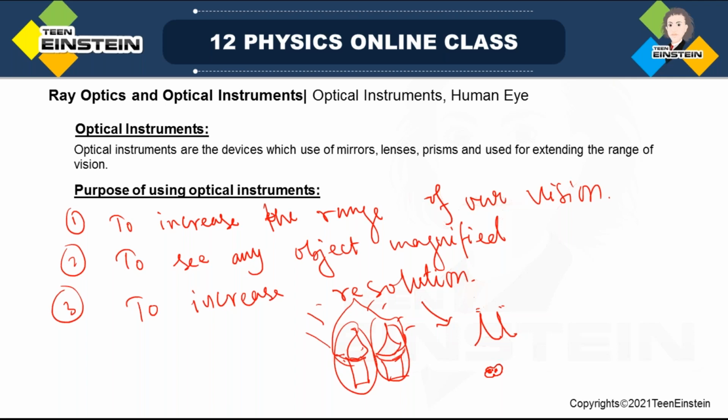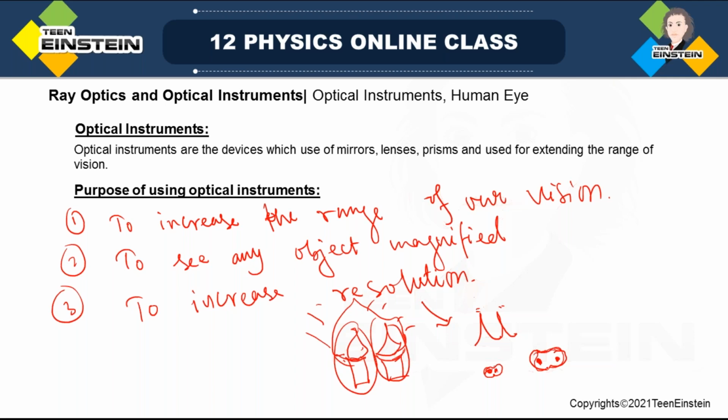You might think it is some object which is extended like this. You may not be able to distinctly see these two points.